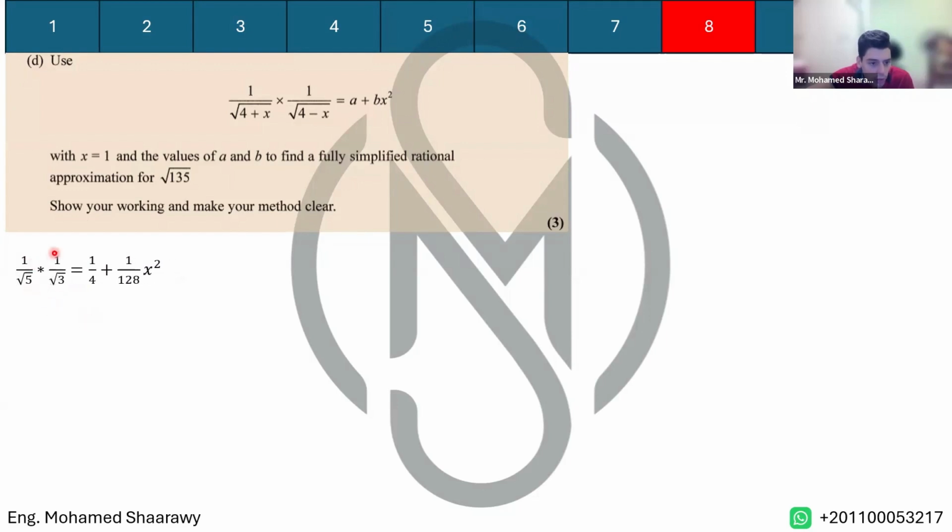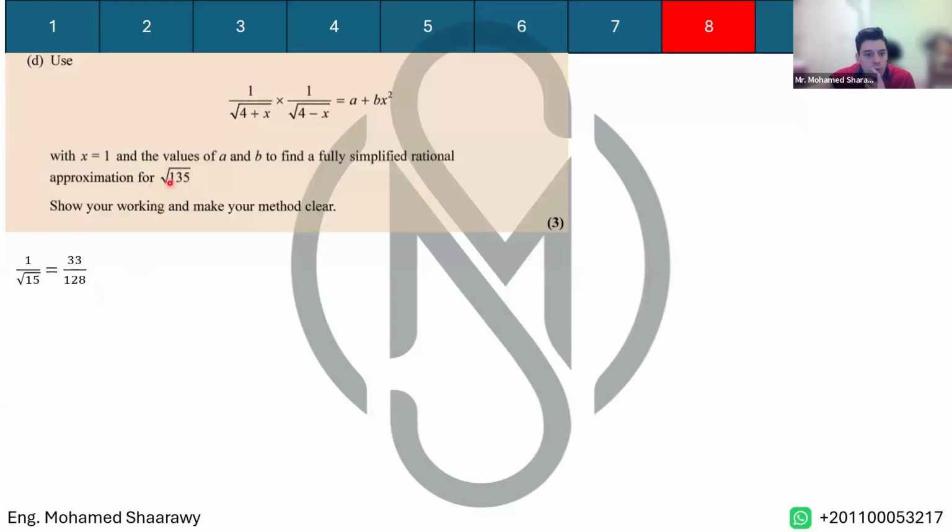Okay, 1 over root 5 times 1 over root 3 is 1 over root 15. Okay, replacing this x with 1 also. So I can use this to my benefit later. So I can use that 1 over root 15 is approximately or exactly equal to 33 over 128.